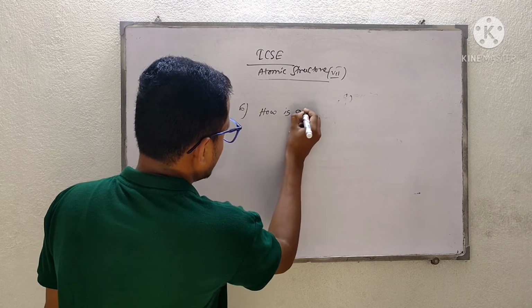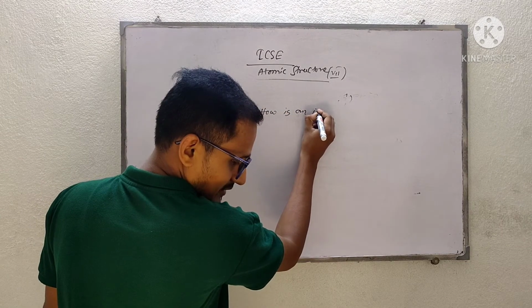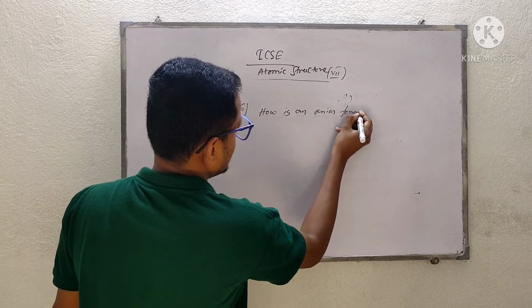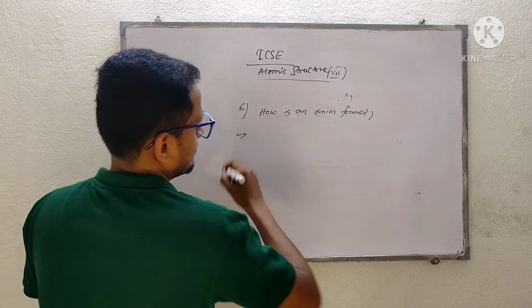Now next, number 6. How is an anion formed?